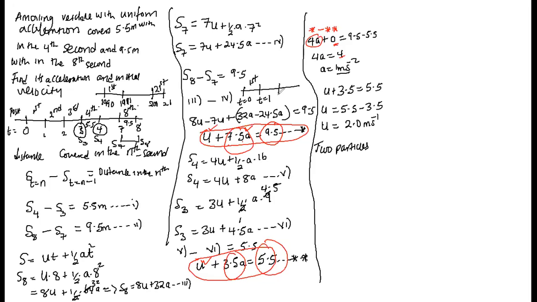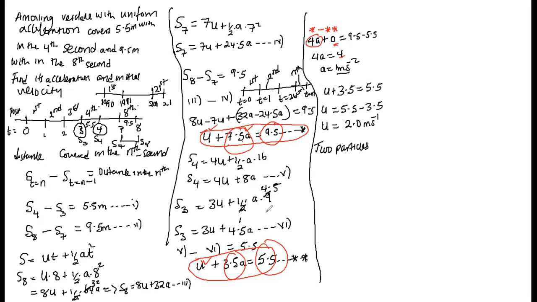Then you add on to get time is 2. Here you will be within the second second. Now when you come to n, if n is here, then the time before n is n minus 1. So to get the time between n and n minus 1, you are getting time within the nth second.